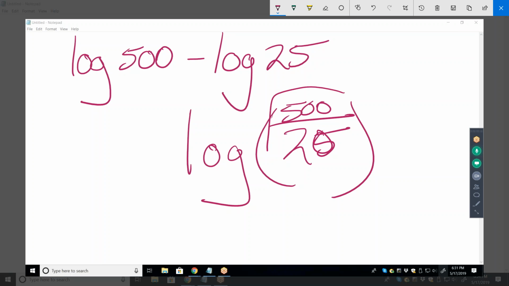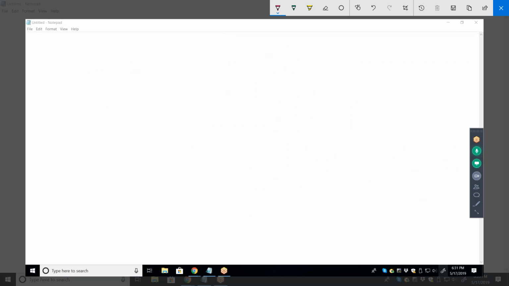I know that 500 divided by 25 is 20. So the simplest expression is log of 20. And I'll add the h just to make it prettier. All right, what else you got?